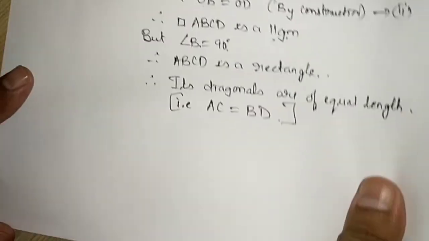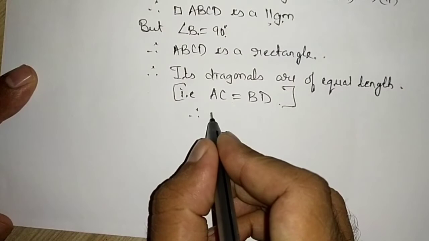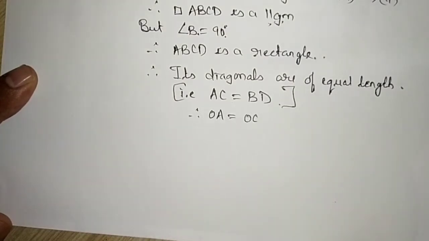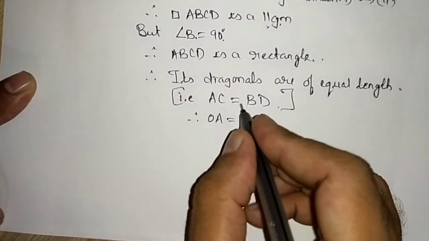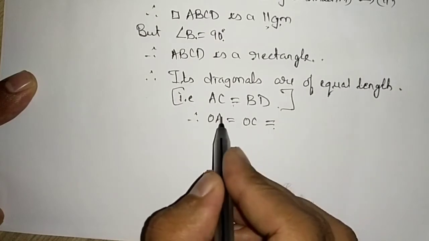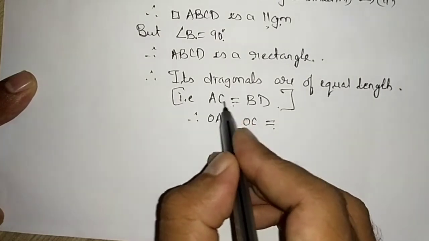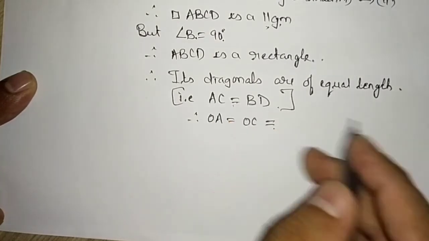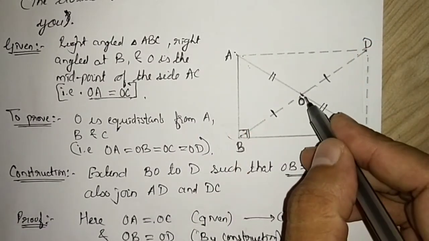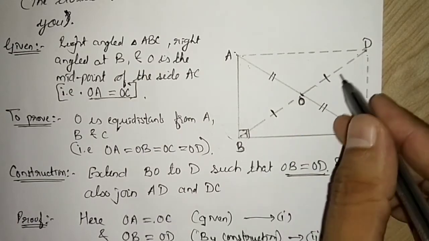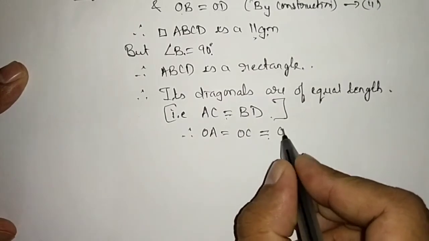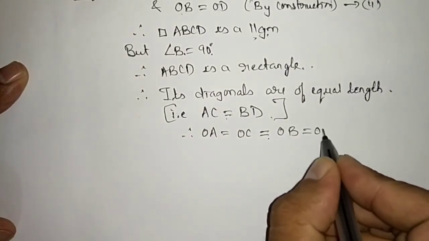So instead of AC, let me write OA plus OC. Now BD is formed of OB and OD.